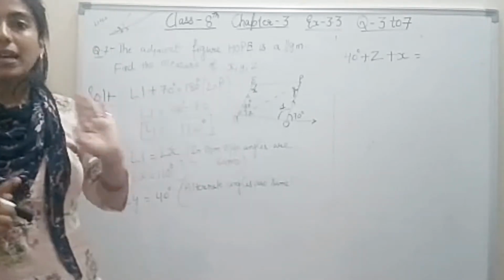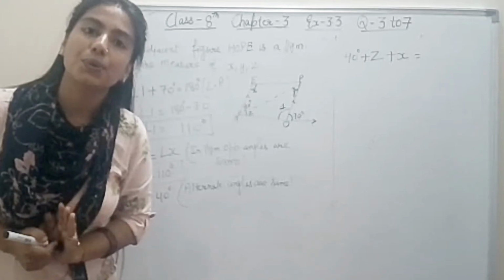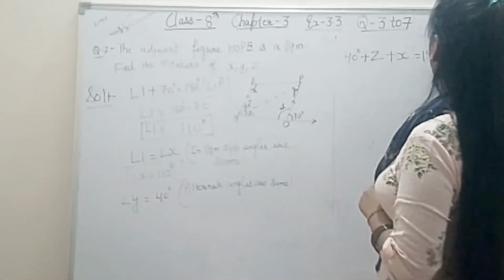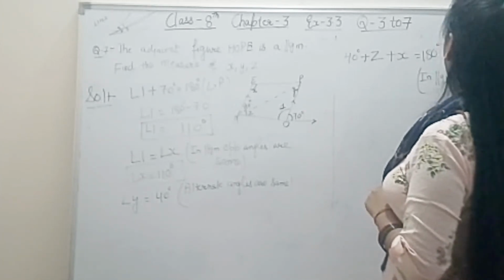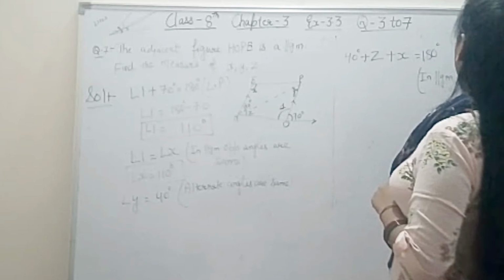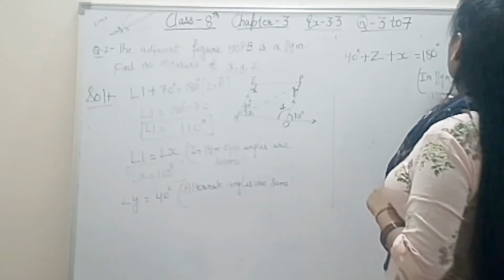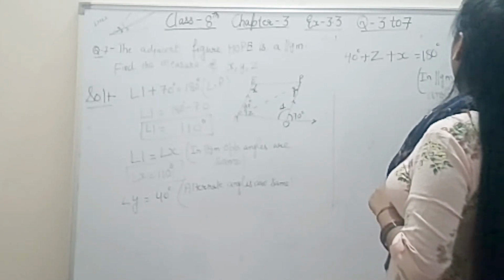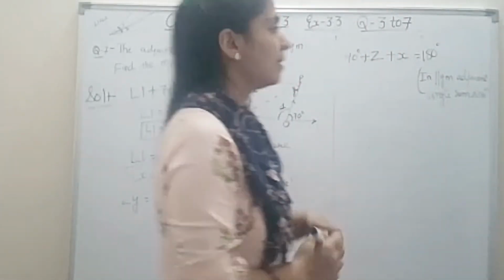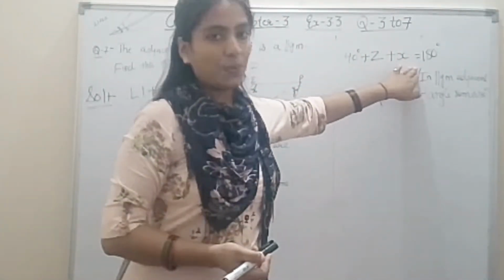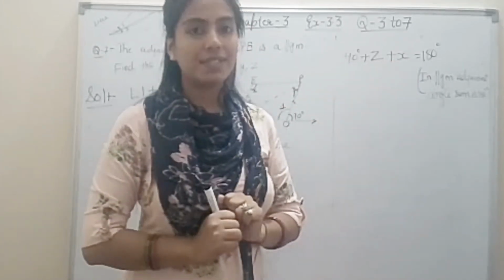So in a parallelogram adjacent angle sum is equals to 180 degree, right students? So with the help of this equation you can easily find out the value of z.